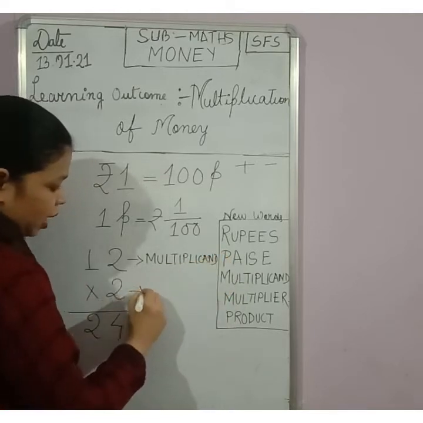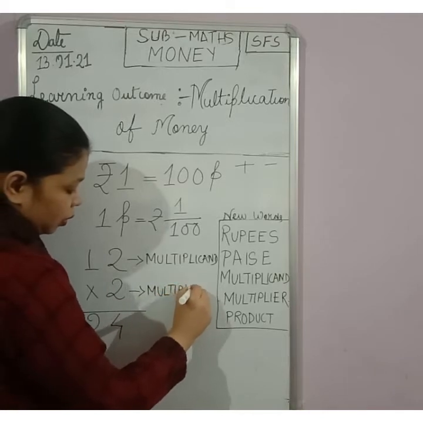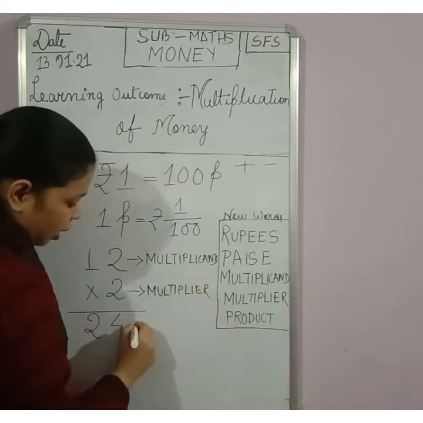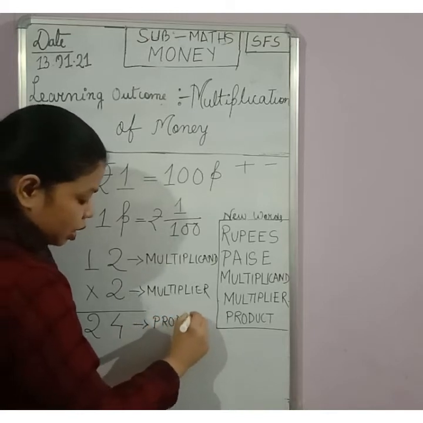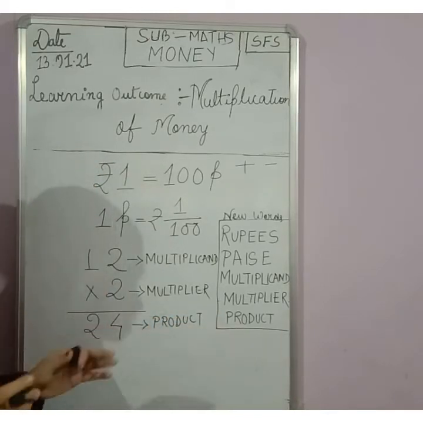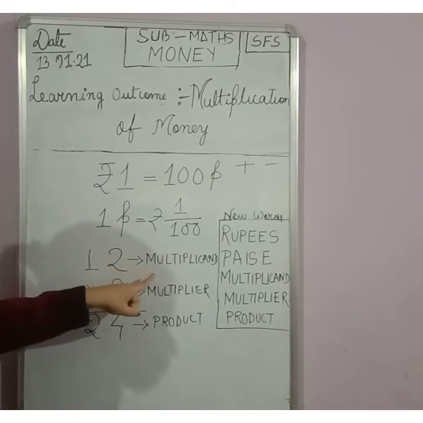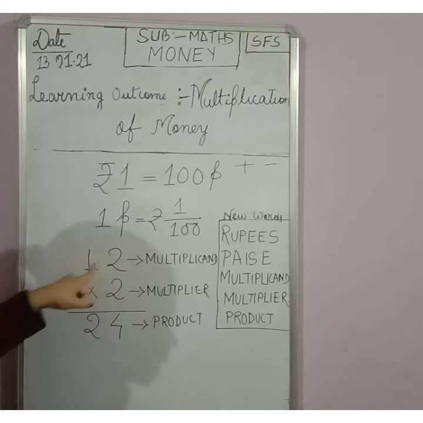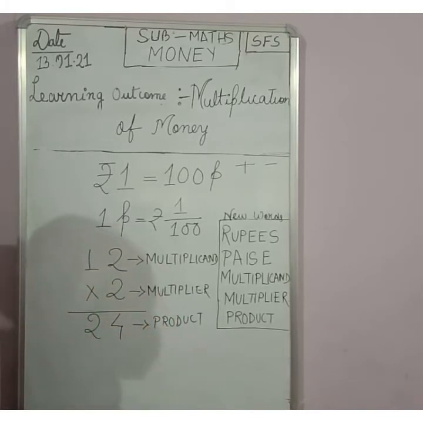This 2 is known as the multiplier. And this 24 is known as the product. These are the terms used in multiplication. The number you are multiplying is the multiplicand, the number by which it is multiplied is the multiplier, and the answer you get is the product.